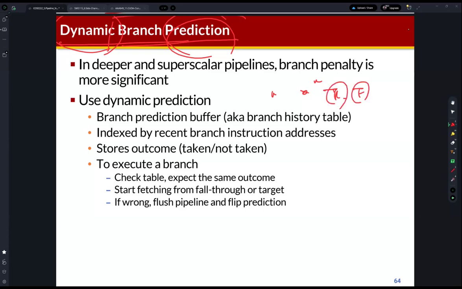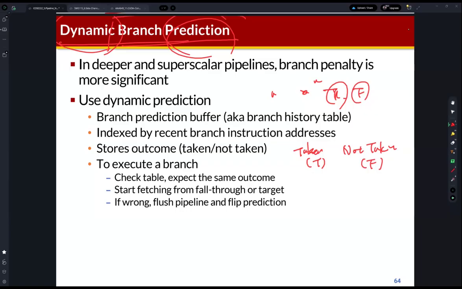There are only two cases for the branch instruction: taken, if the condition is true, and not taken, if the branch condition is false. So there are only two cases for the result of a branch instruction.